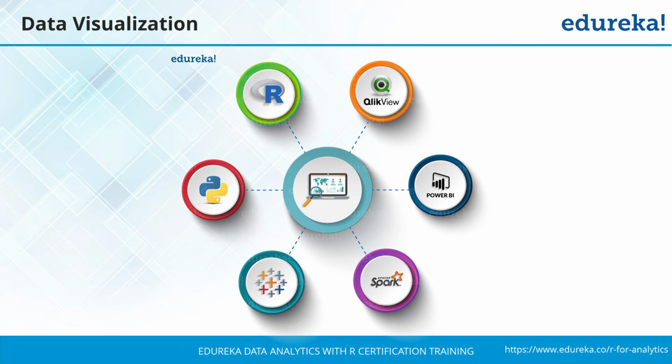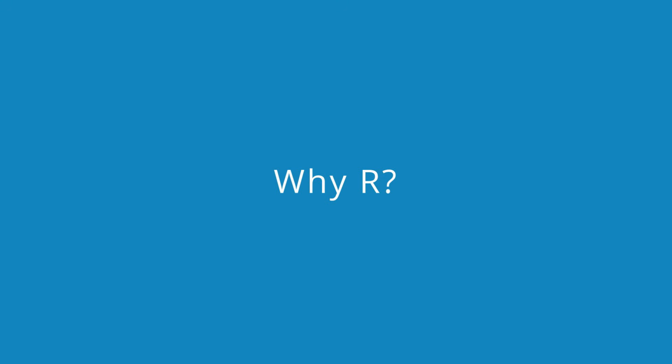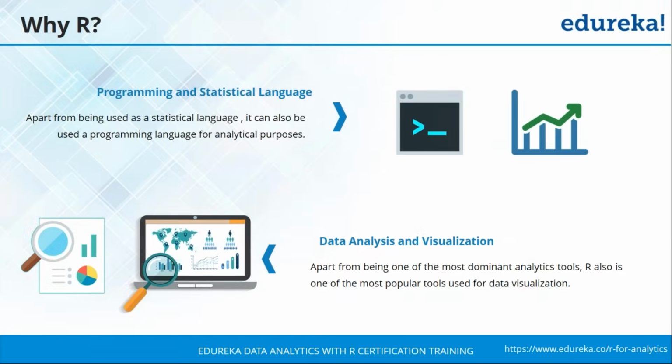But then again, you all must be wondering: there are already tools that help you achieve data visualization and a certain amount of analytics, so why go with R? That's exactly what I'll be explaining. When we talk about why R with respect to other tools in the market, one of the two major points I would like to bring out first is that R is both a programming language and a statistical language.